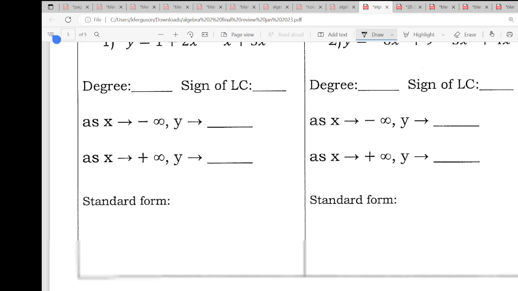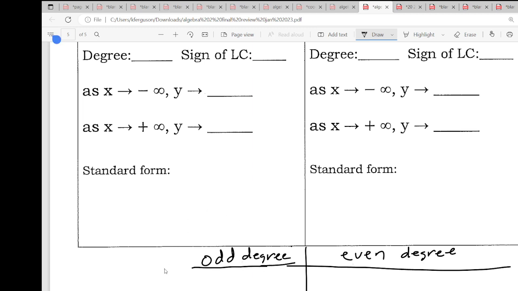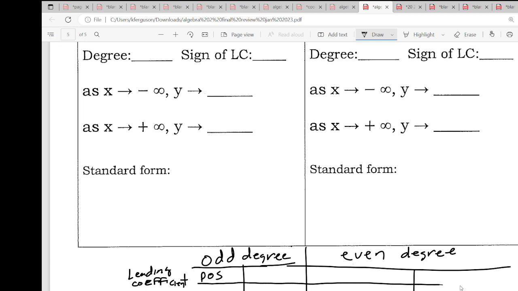All right. Now I want to post this chart, but I'm just going to sketch it down here real quick. So let's see.